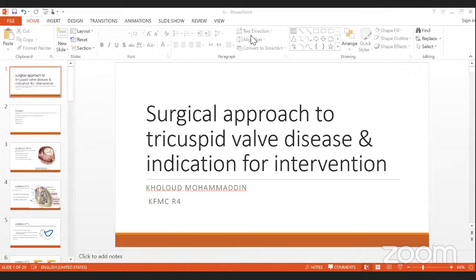In that study, he brought patients with MR and secondary TR, regardless of the degree of the TR. In all the patients, he would open the right atrium and measure the tricuspid annulus. If it was 70 or more, he would address it with a tricuspid annuloplasty ring.